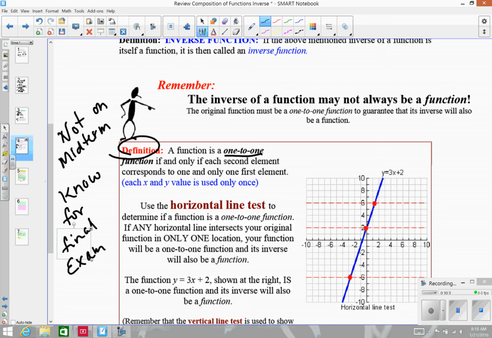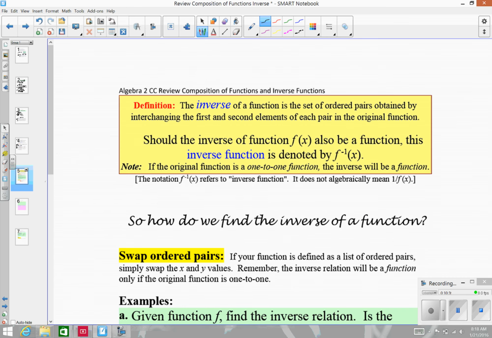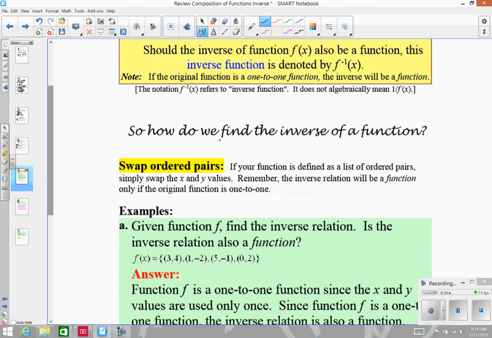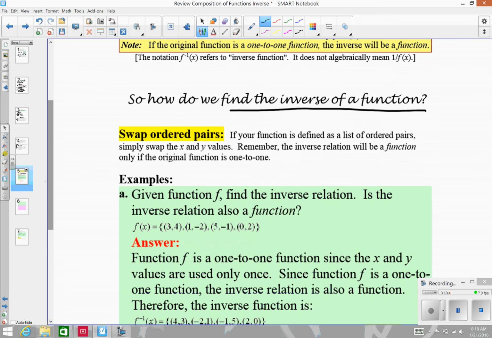So what we're going to do now is head on over to our next page and look at how we find the inverse of a function. Several different ways we could do this. If we're given ordered pairs, like coordinate pairs, we would just swap our x and y values. So whatever was in x, we would switch into our y values.